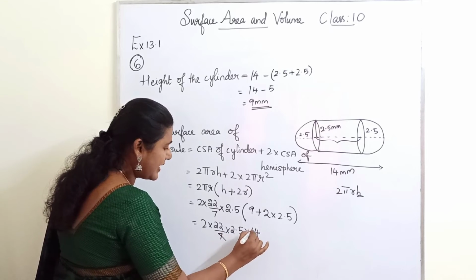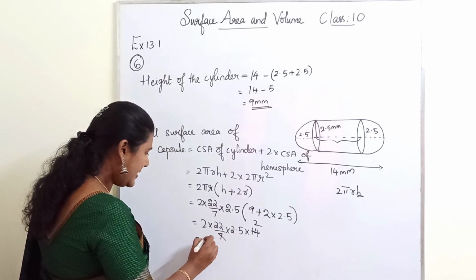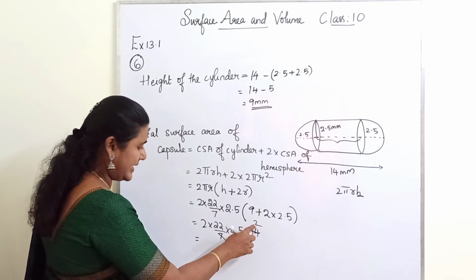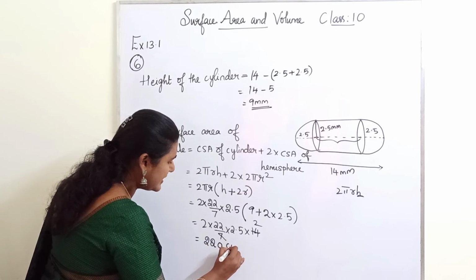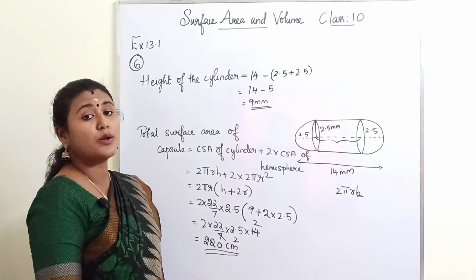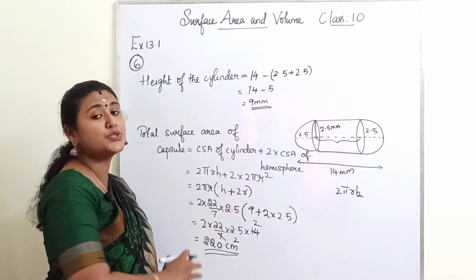So this 7 and 14 we can easily cancel. Now when you multiply, 2.5 into 2 is 5, 5 into 2 is 10, 10 into 22 is 220 millimeter square. So here you can see we can easily calculate the answer. The calculation will be very less if you are doing it together like this.